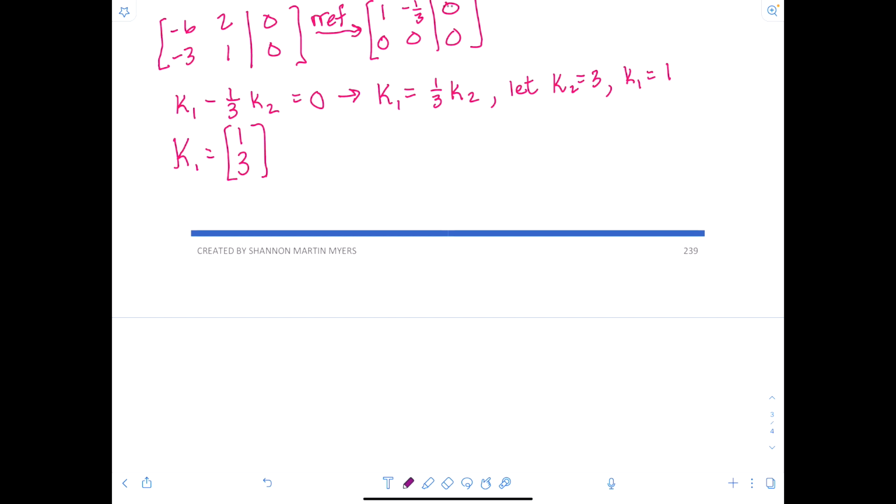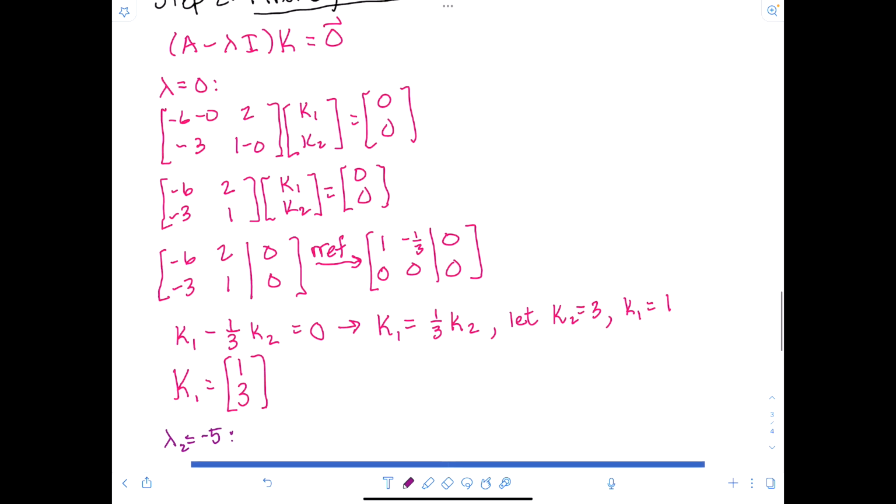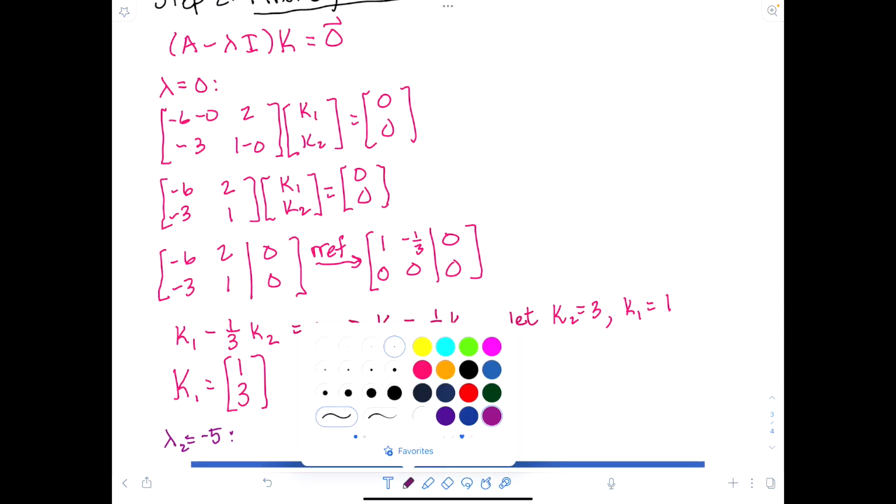We will have for lambda 2 equal to negative 5, A minus negative 5 times I times the capital K2 vector equal to the 0 vector. The earlier one would have been the K1 vector.